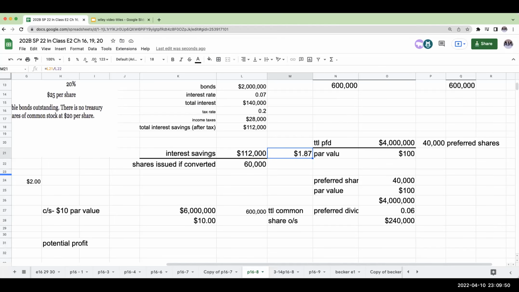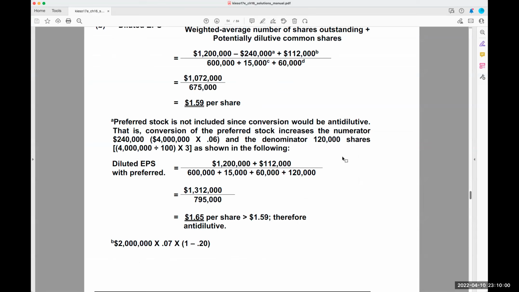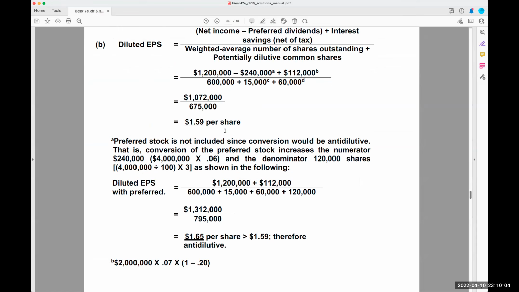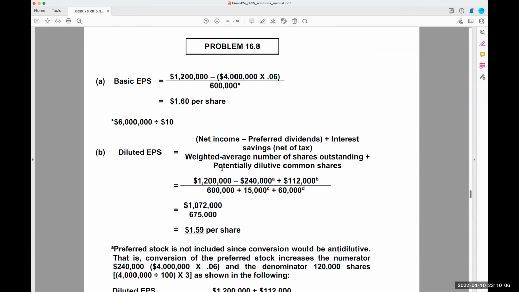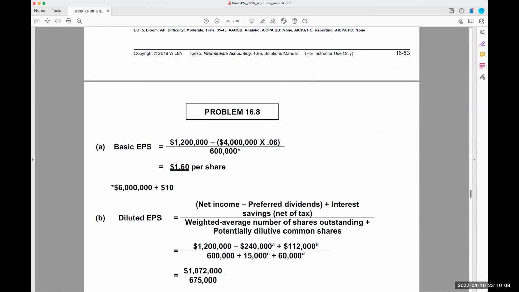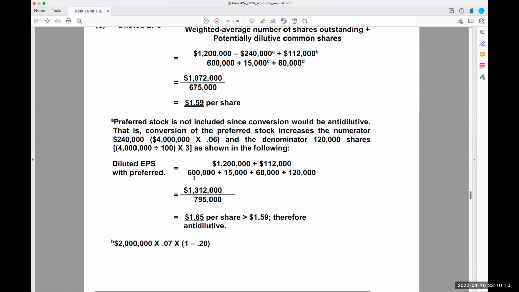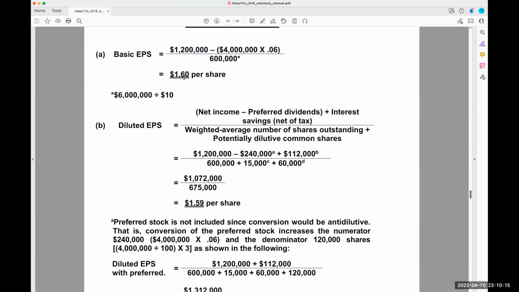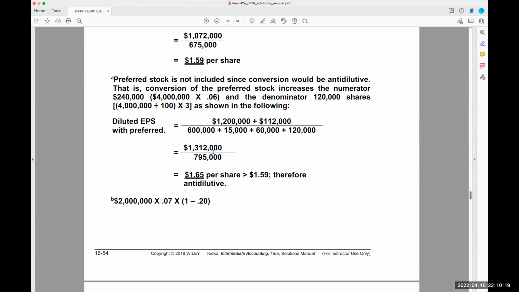And even in the solution, and I can just show this to you, this just doesn't really make a lot of sense, because even in their solution, what they're doing is comparing it to the $1.59, which you computed here. And that's not what it is. It's basically, if it's greater than basic earnings per share, then you stop. It's anti-dilutive because it's going to create a value that's greater than basic earnings per share. That's why you don't do it.